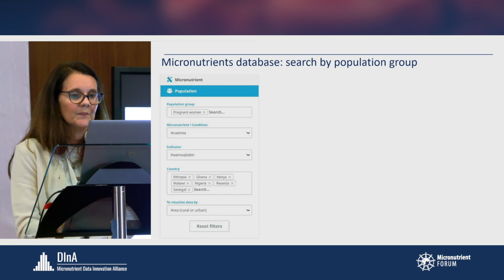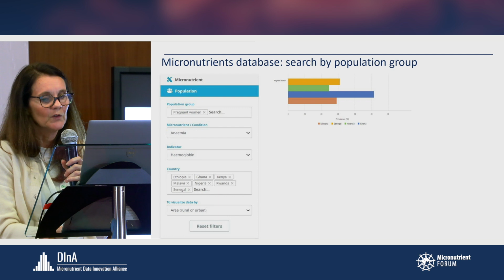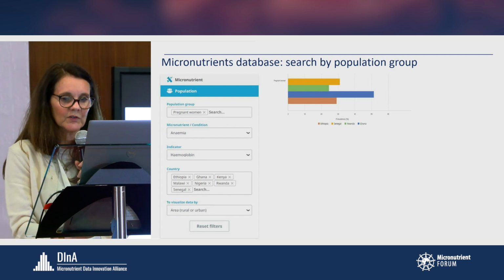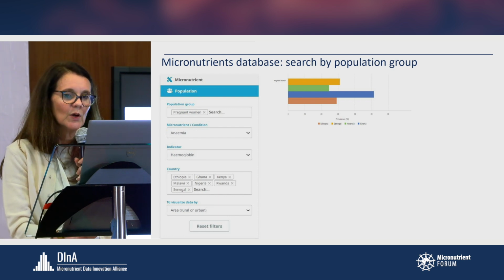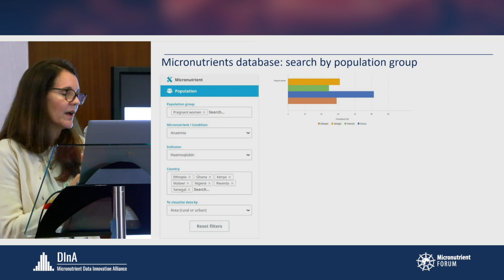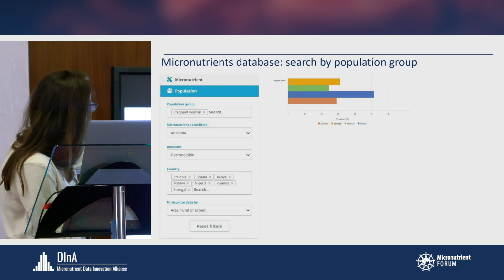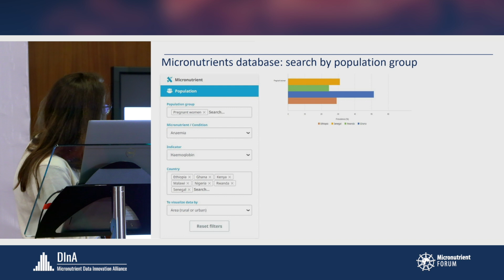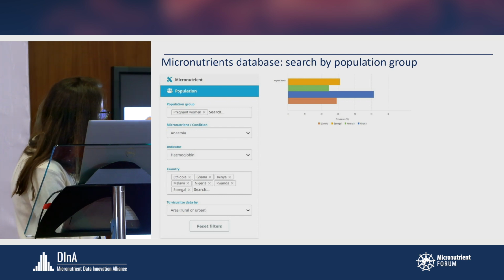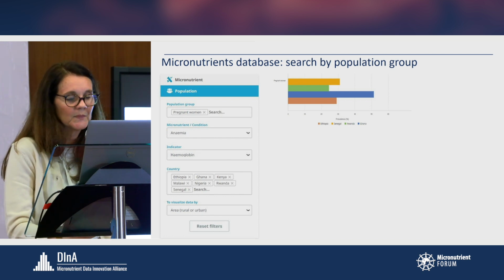If you did that, then you will have information that's presented in a graphical format, and you have different choices of how you would view that graph. So here we're graphing pregnant women, hemoglobin for many different countries within the region, and you see this graph that shows the prevalence on the x-axis and the different color bars represent different countries.